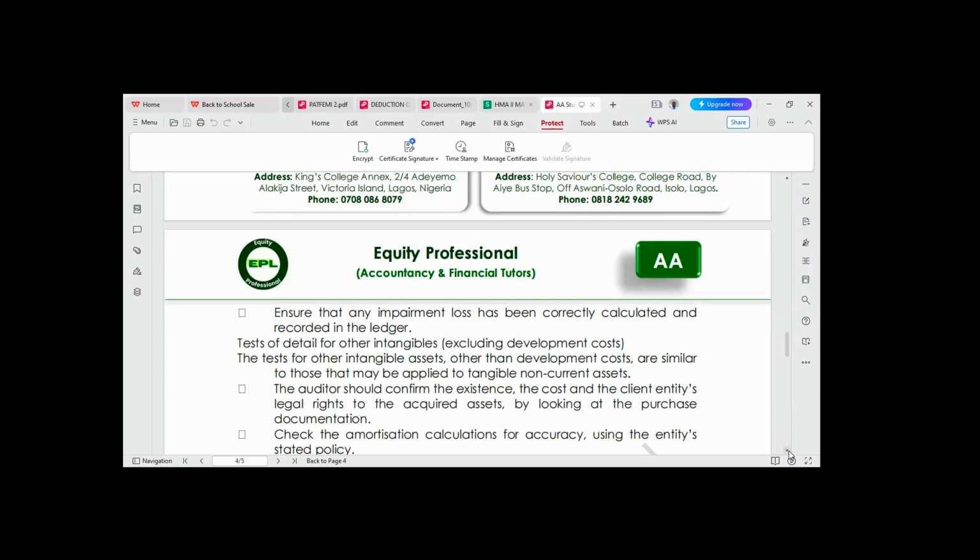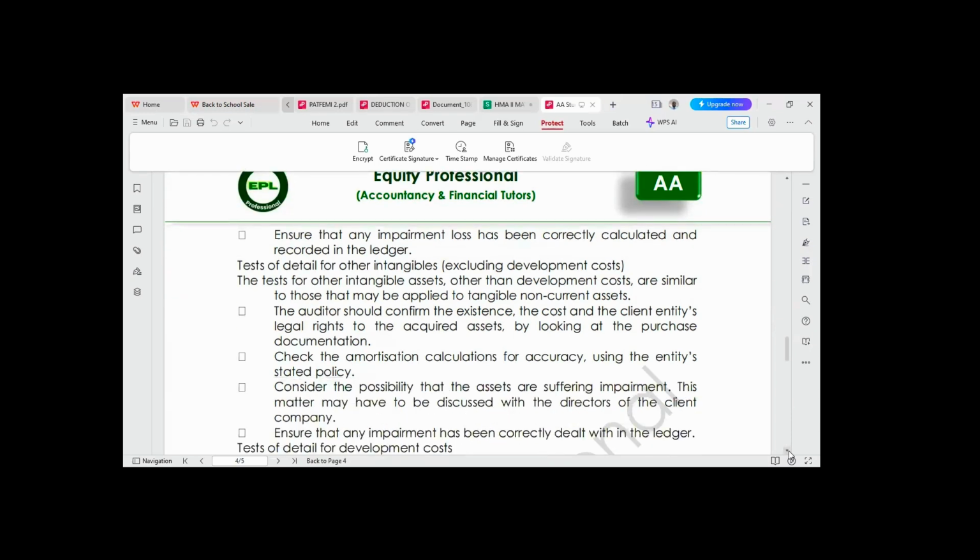The auditor will also check the amortization calculation for accuracy using the stated policy. The auditor will also consider the possibility that the assets are suffering impairment. This matter may have to be discussed with the directors of the client company. Then the auditor will also ensure that all impairments have been correctly dealt with in the ledger.